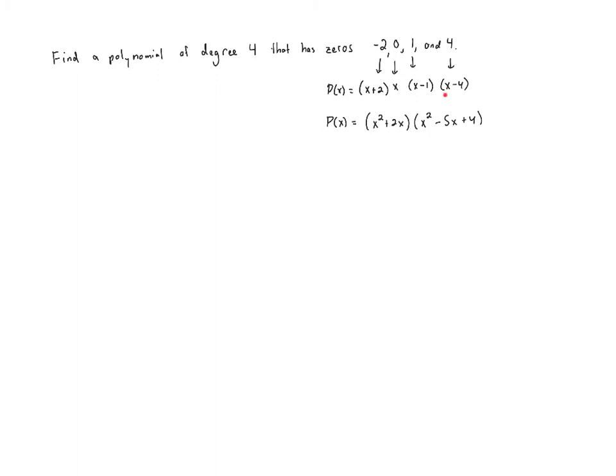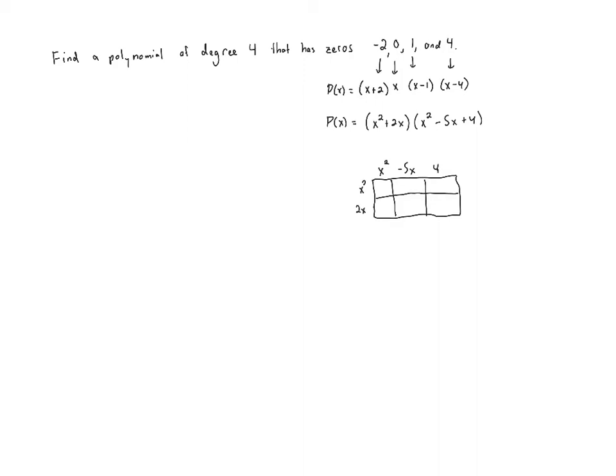I am foiling and combining like terms in my head. And then if we need to multiply these out, we can go ahead and use the table method. We've got x squared, 2x, and then we've got x squared, -5x and 4.